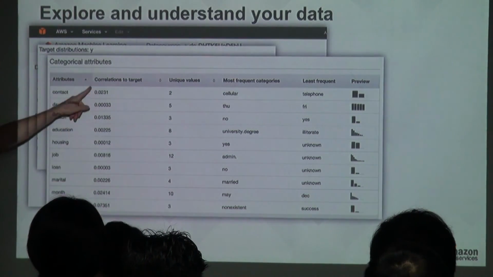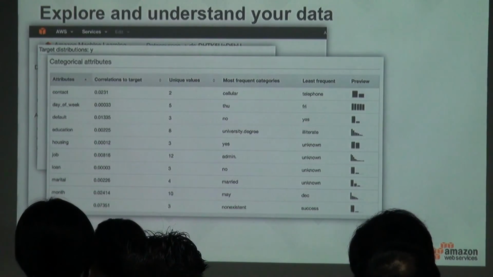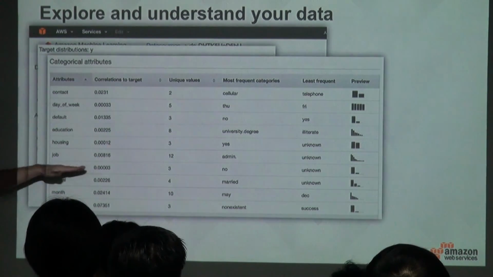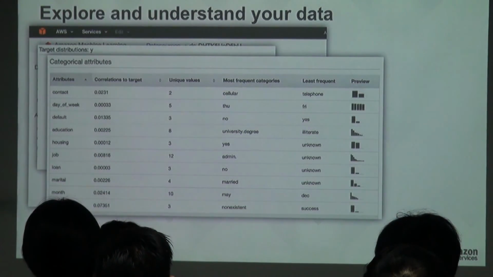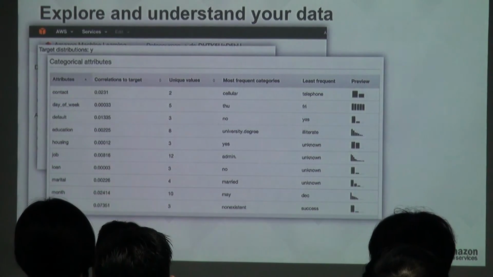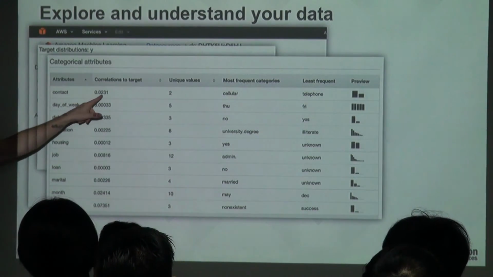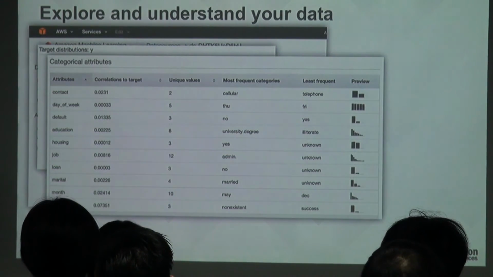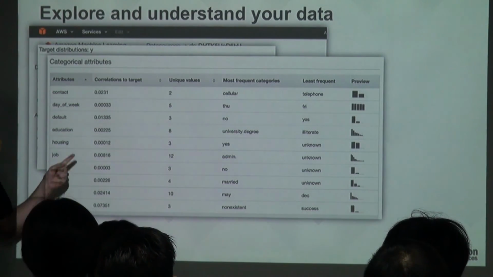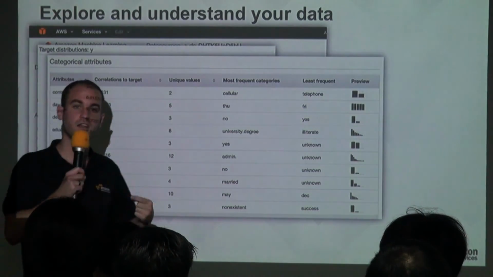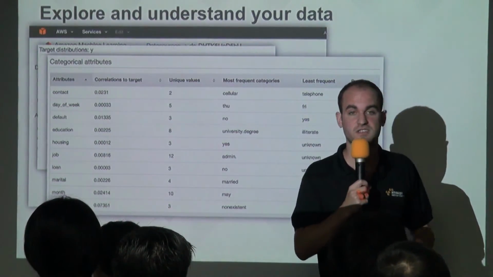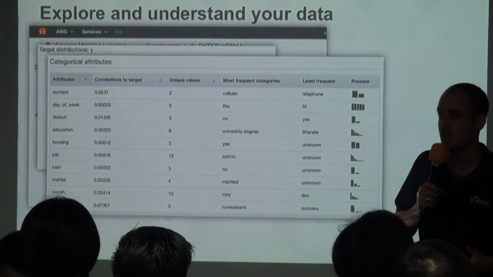So this column here is super important if you don't know if you should or should not keep a certain property when creating your model, because it gives you a correlation to the target variable. So obviously the more correlation there is, the better that property can help us create a good model. If we have a variable that has a very low correlation here, we probably should remove it. Right? We should consider removing it because it's noisy.